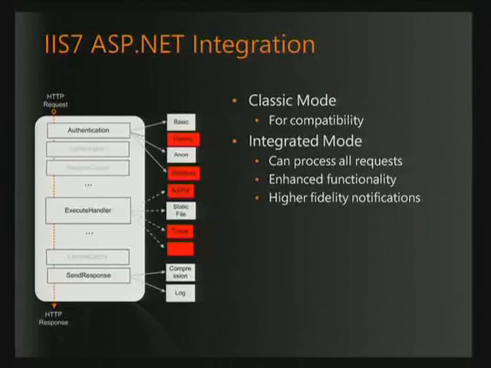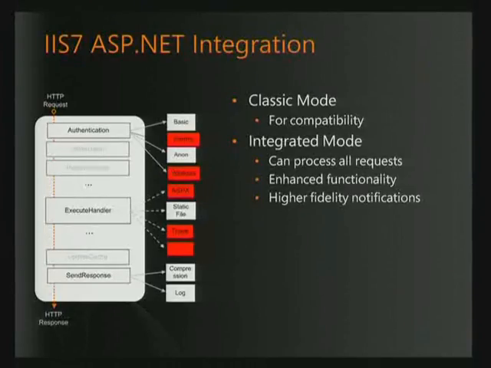It also means that since they are running directly in our pipeline, they have more fidelity, they have more power. An example of this: in the past, if you wanted to write a basic authentication module in ASP.NET, you couldn't, because IIS had already authenticated the request, so there was already an authentication token.